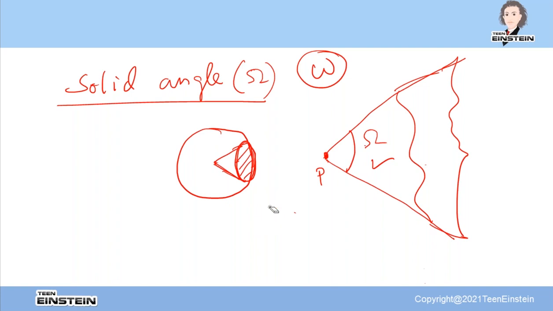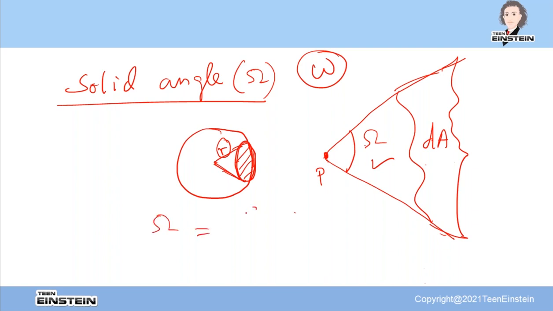Now look, what is the definition of this solid angle? Suppose this has area dA, or A, whatever. And the distance from the area to the point is r.